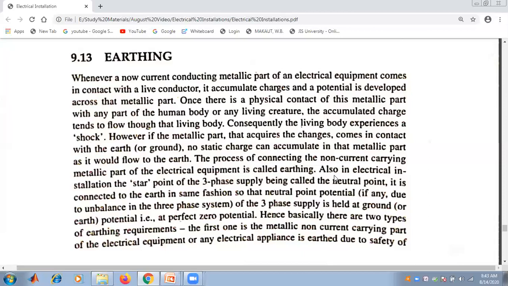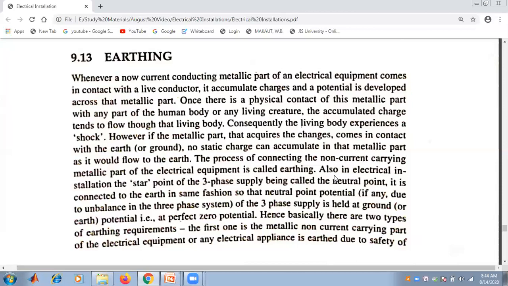It happens that a metallic part of an electric equipment comes in contact with a live wire. Live wire means the wire that is carrying the current.